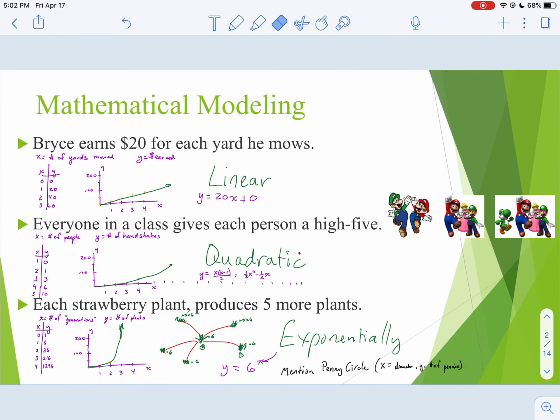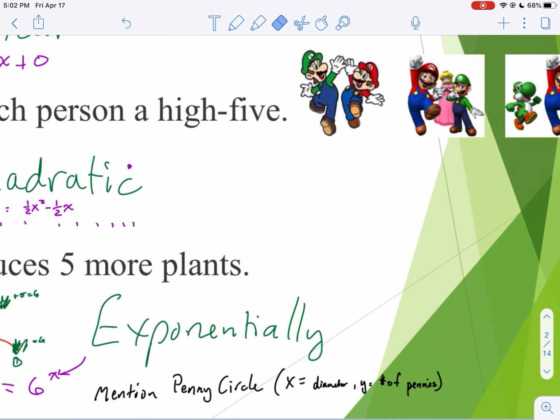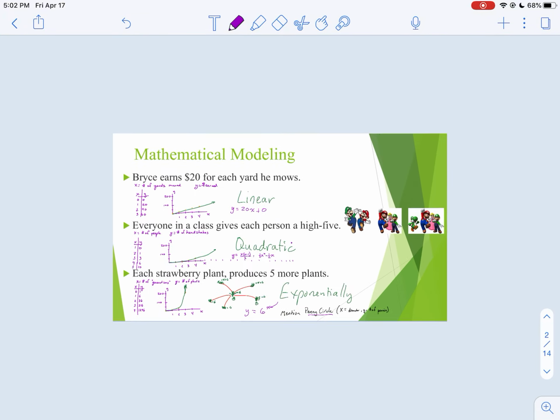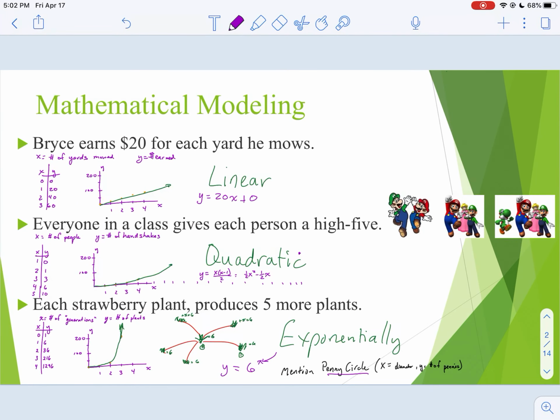Real quickly, I want to mention you're going to do a penny circle activity in Desmos, okay? And so really it's just a mathematical modeling scenario. It's going to give you a real-life scenario, kind of like I've given you here, and it's going to ask you to predict, is it linear, is it quadratic, or is it exponential? And you have to decide.